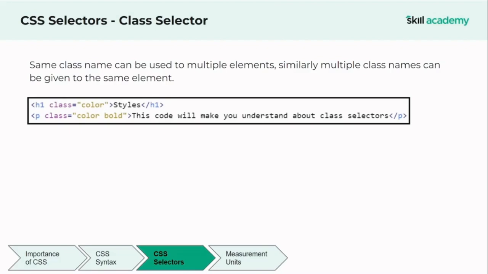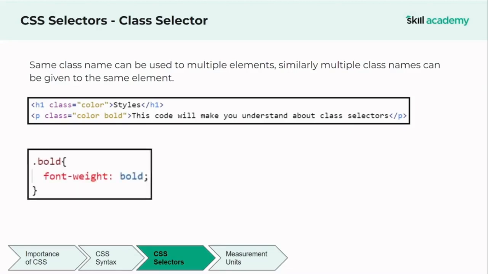The header element H1 has only one class name, that is color, but the paragraph element has two class names, color and bold. So separate styles will be applied for the color class and the bold class, and both the styles will be combined and applied to the paragraph element's content.